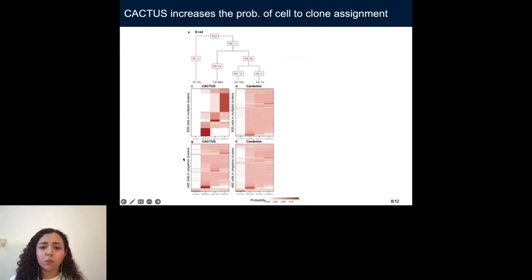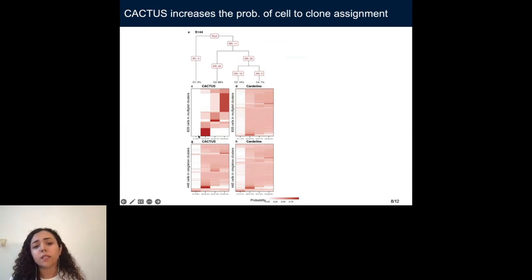And first column is corresponding to the CACTUS, second column is corresponding to the Cardelino, and here the rows are showing the cells and the columns are showing the clones, and the values are the probabilities. So if we have more probability and the color is more intense, it means that we have more certainty in this assignment of the cells to the clones. And you can see here in the multiplet clusters that we have extra information.